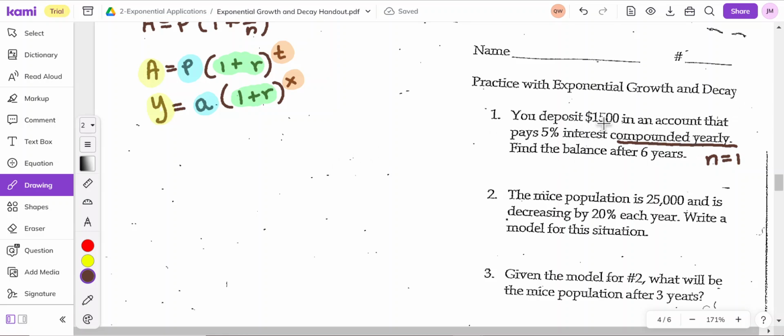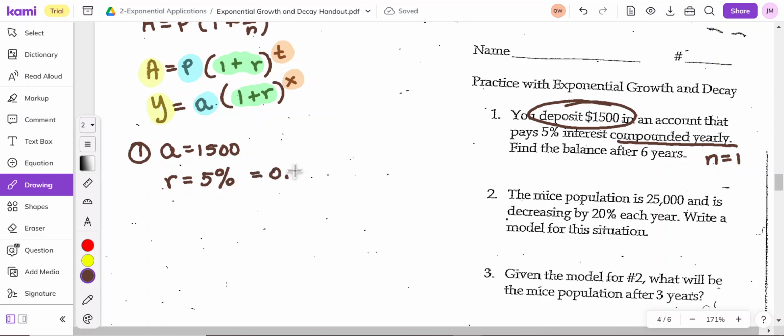You deposit $1,500, so A equals 1,500. Pays 5% interest, so R is 5% divided by 100, which gives you 0.05. Balance after 6 years, so we know that X is going to be 6.